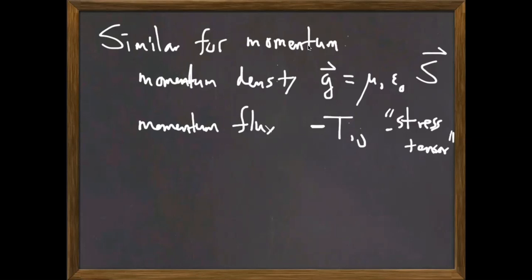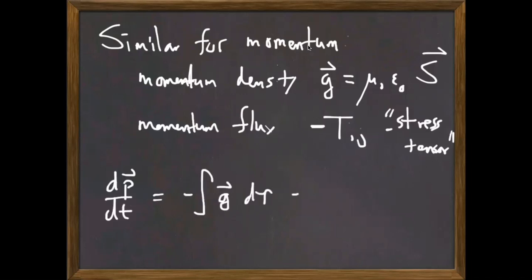Analogous to energy, where we had a scalar energy density that became a vector energy flux, when we have a vector momentum density, we end up with a rank 2 tensor momentum flux. The tensor here is something that's used in other situations, and so we don't introduce a new name for it. We call it minus T_ij, and T_ij is called the stress tensor. There's a big old formula for it in lecture 19 that I'll post soon.